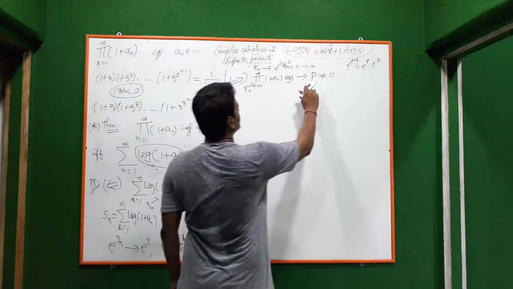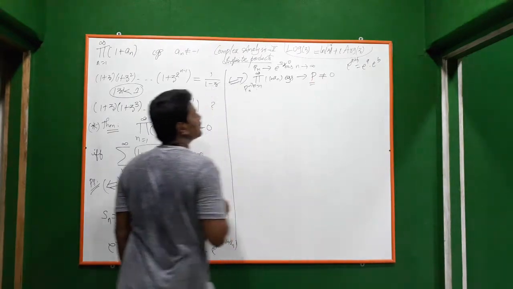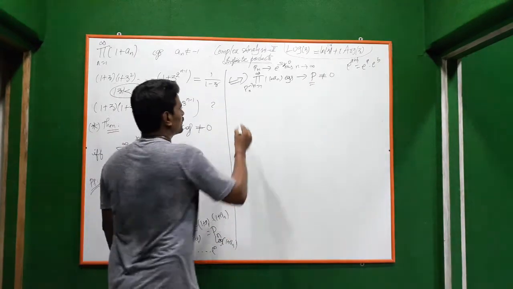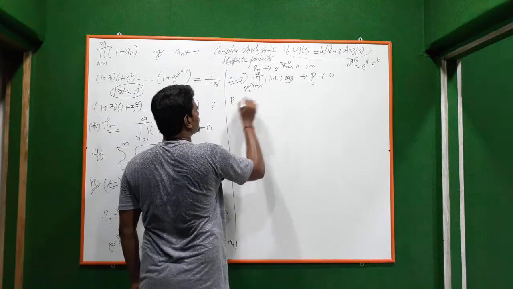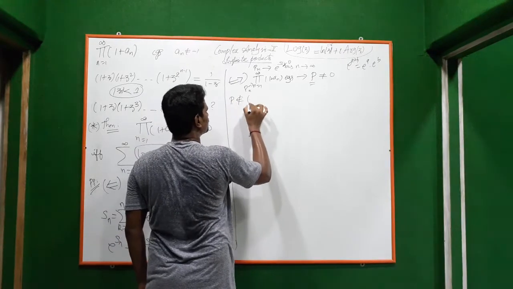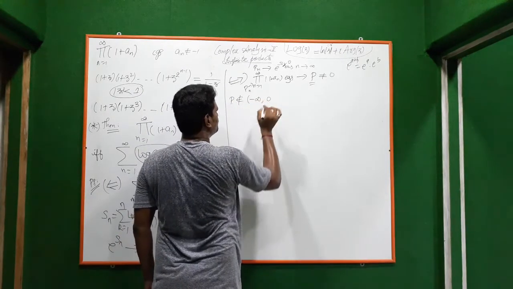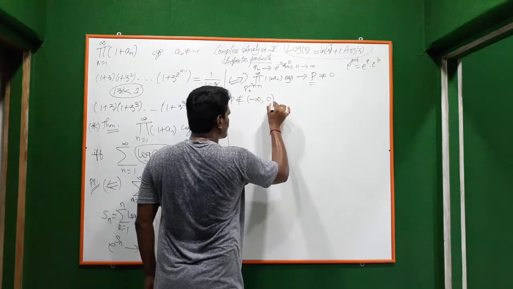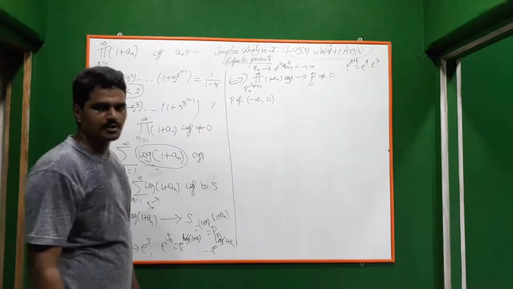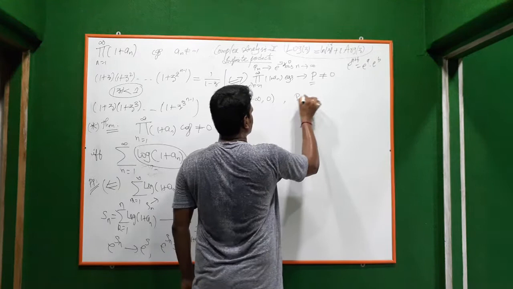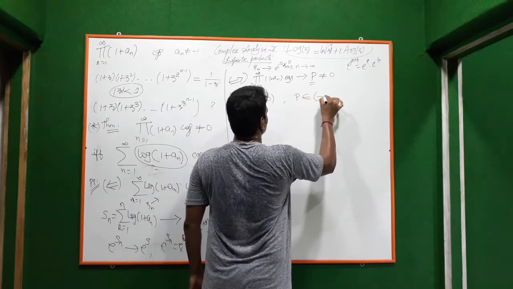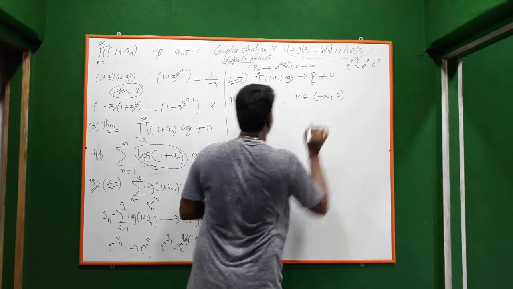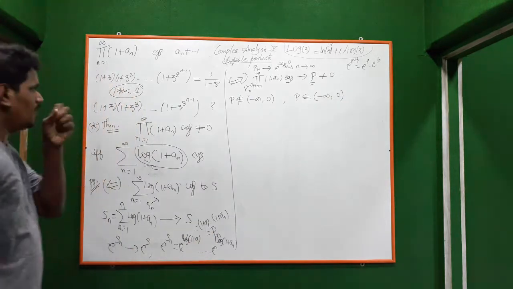Now we will take two cases. One is that P doesn't belong to the negative real axis, or it belongs to the negative real axis. Anyway, 0 is not there.